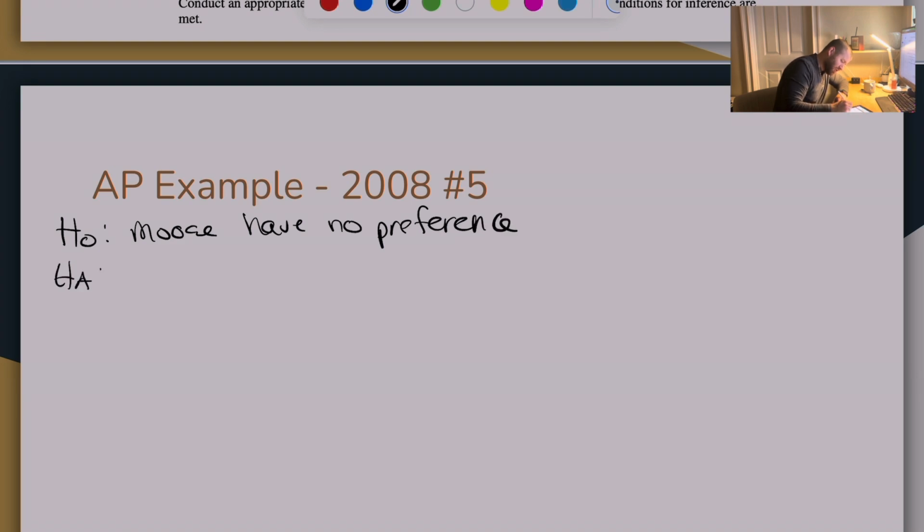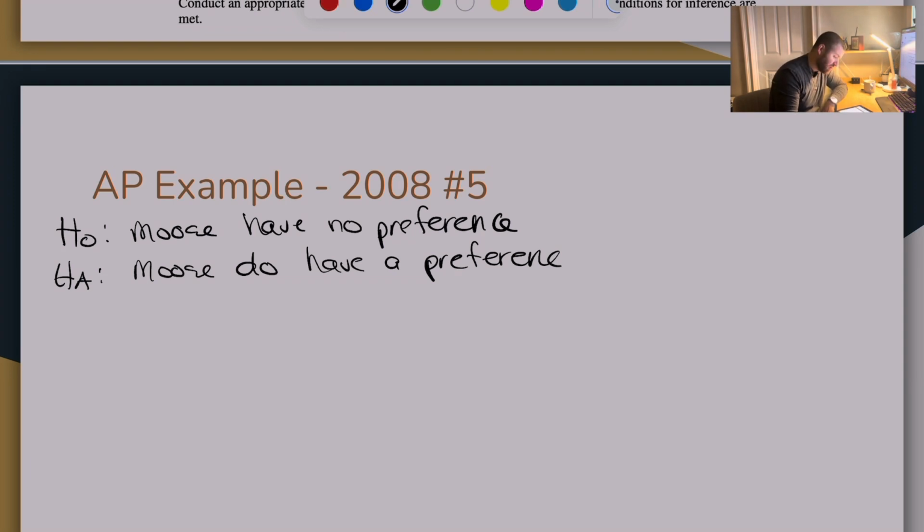My alternative is that moose do have a preference. And this is the same thing as saying at least one category is different. I forgot to add the E to preference there. And so there's my hypotheses.